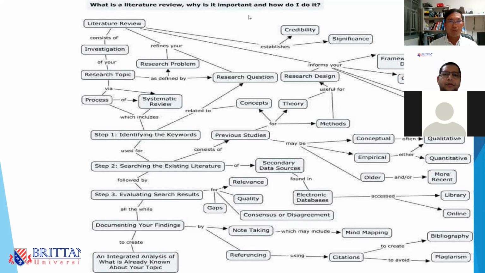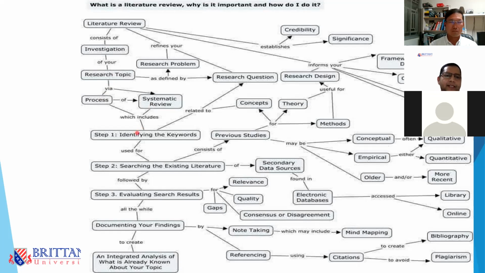So you see the literature review, then it has some investigations. What investigation? It comes to your research topic, basically the topic you are researching, then the process, a systematic way of finding other people's work.